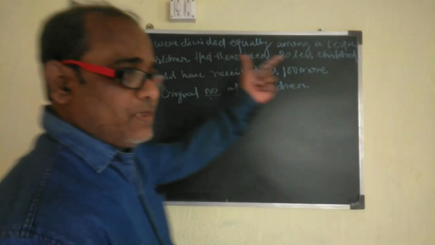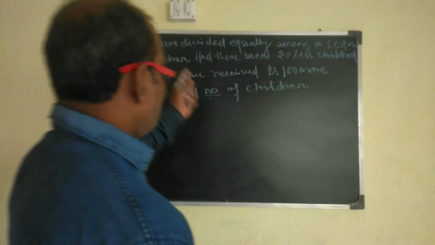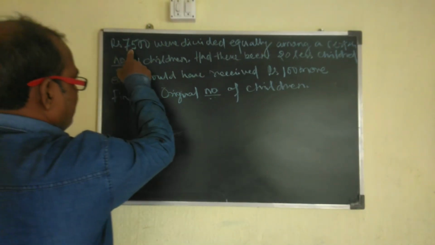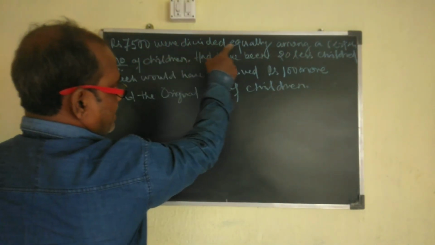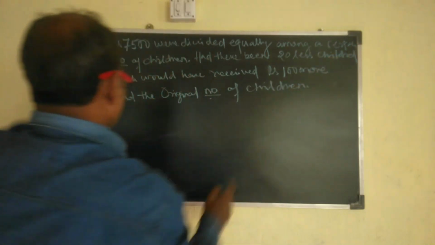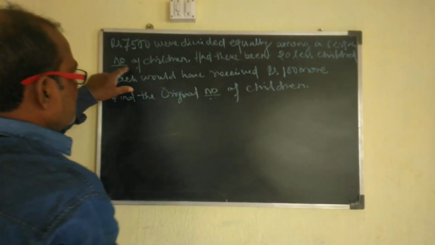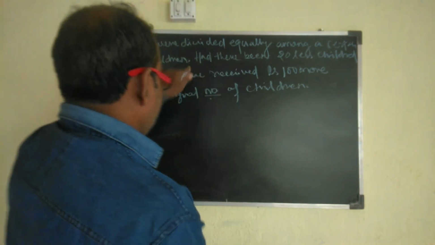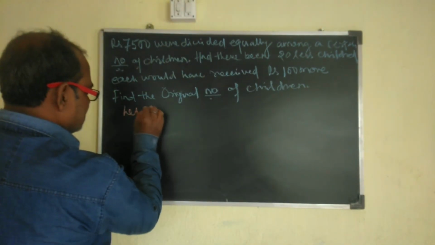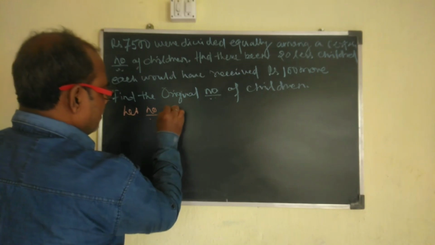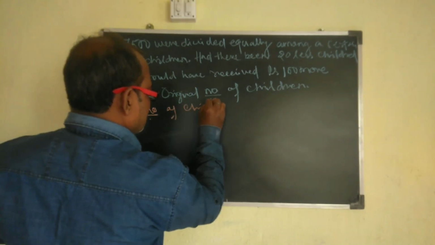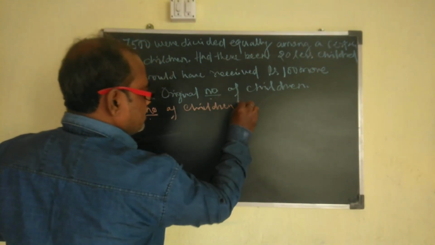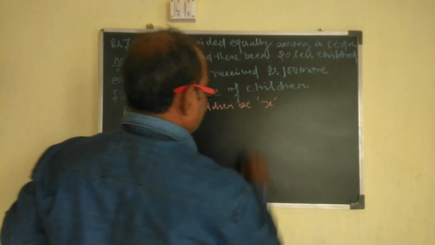One more pattern of this type of question is, here the question is rupees 7,500 were divided equally among a certain number of children. So certain number of children means, let us assume that the number of children be x. Let the number of children be x.